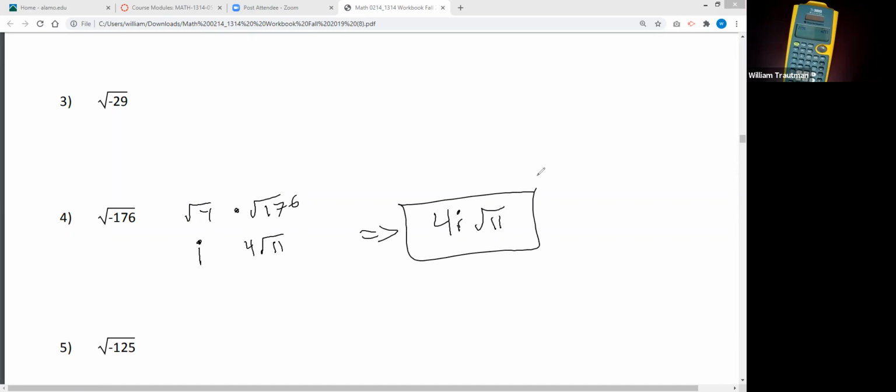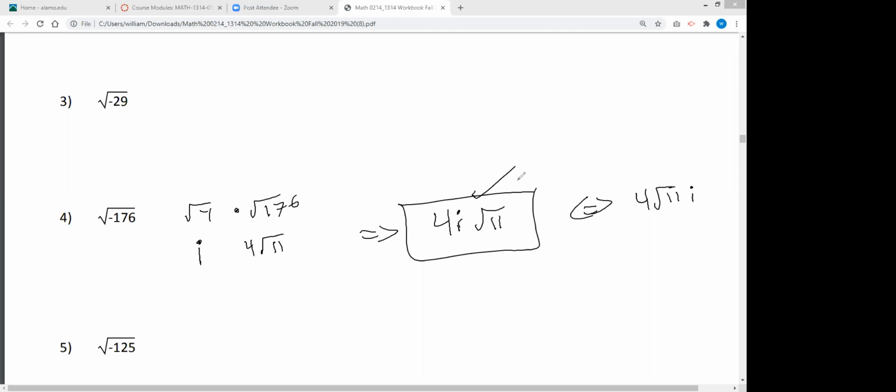So it's always the number in front of the letter. I like it written like this best. I mean, in reality, it's not wrong if you wrote it like this. It's just people get confused on whether the i is in the square root or not. It's not in the square root. I would just write it like this.